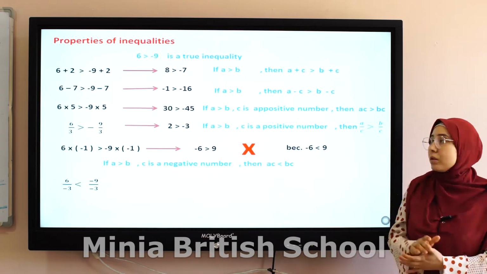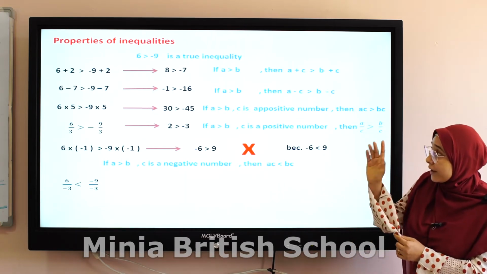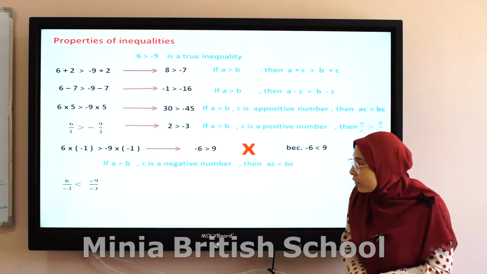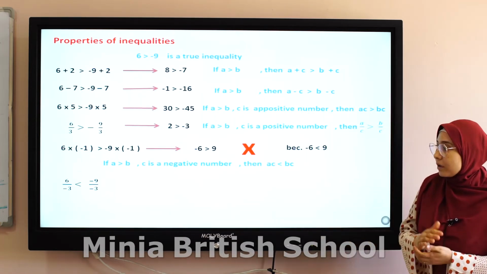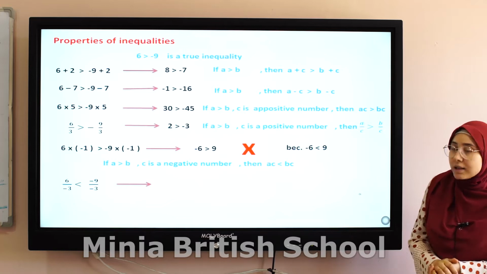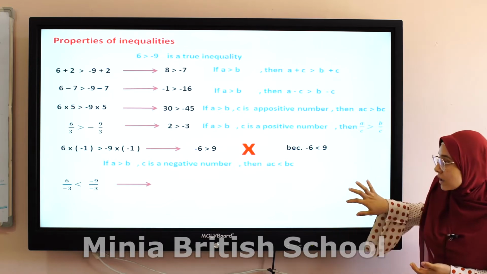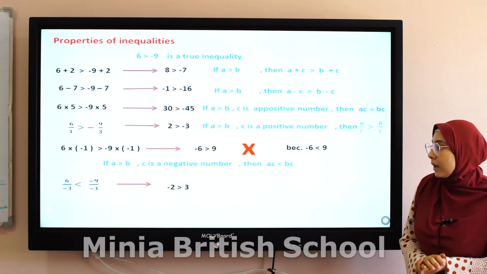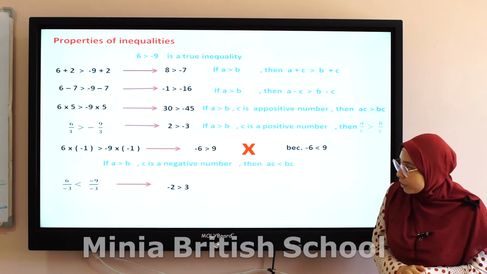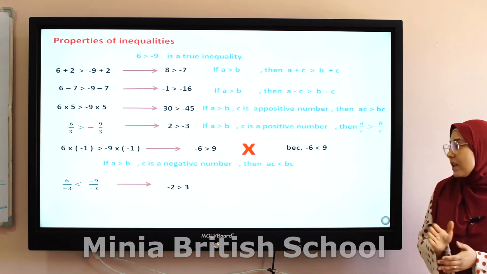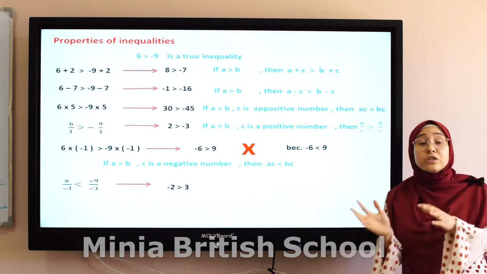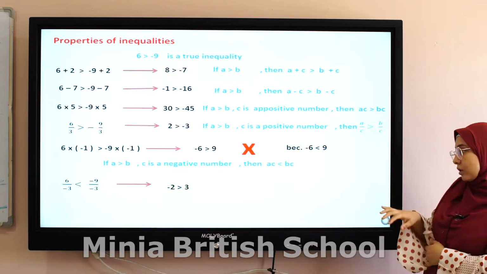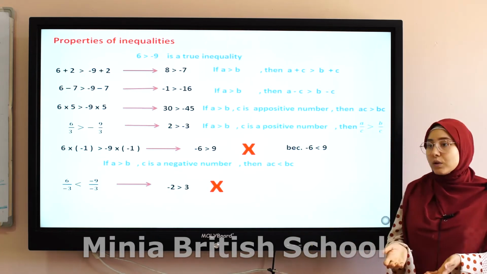Last one. If I divide the first inequality by -3, we get 6 divided by -3 equals -2, and -9 divided by -3 equals 3. So -2 greater than 3? No, it is false. Because what?